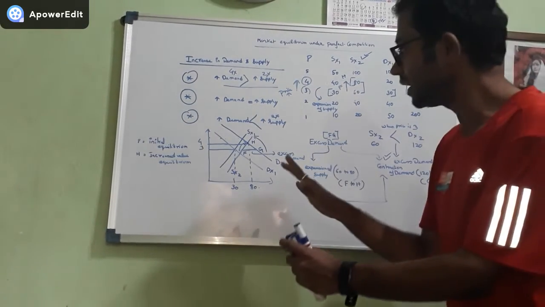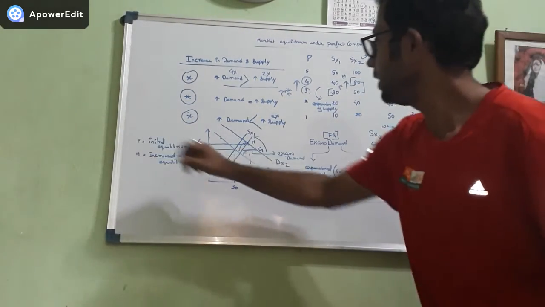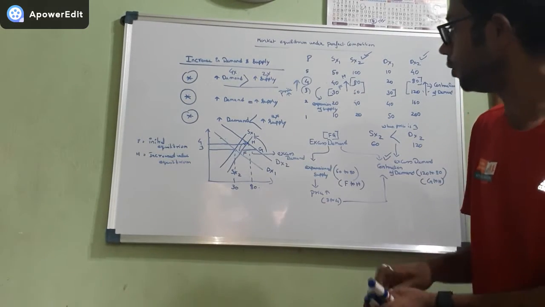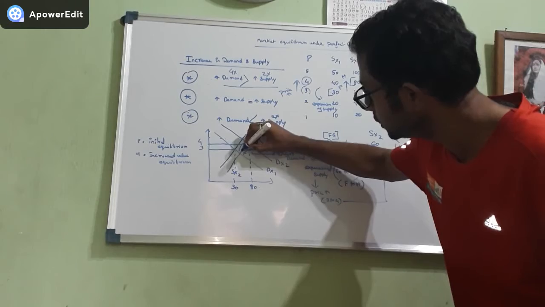Now if we go to the graph, F is your initial equilibrium. This point is your initial point.